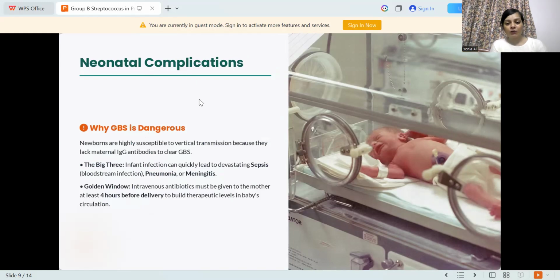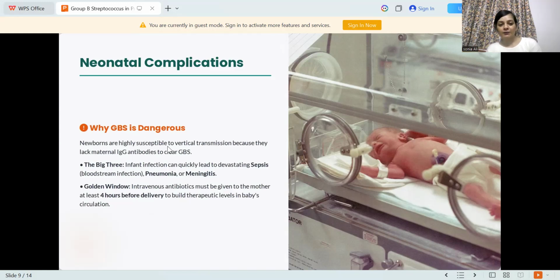Neonatal complication. Now, what happens? If the infant acquires it by vertical transmission during labor, they get a dangerous infection.